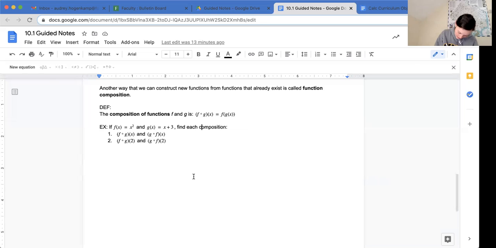So now we're looking at g of f of x, which we know based on our function composition notation is going to be g of f of x.